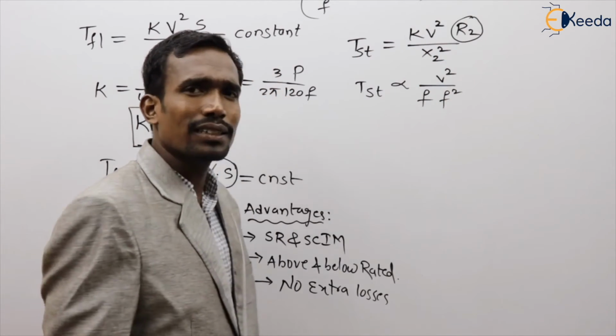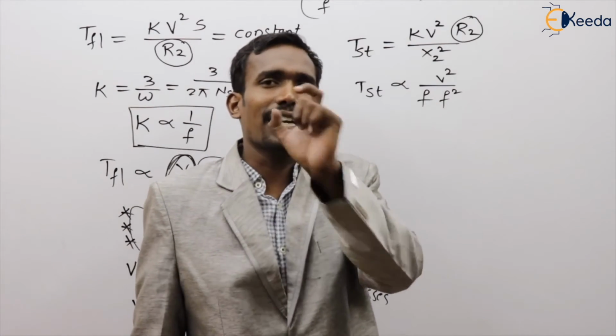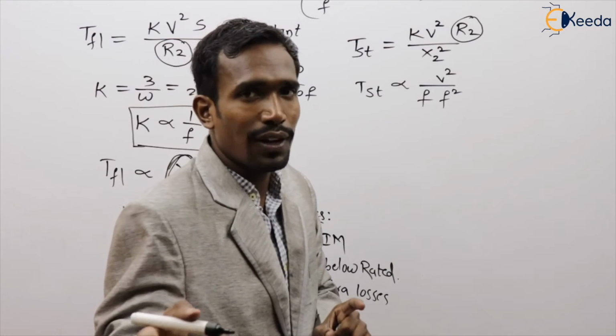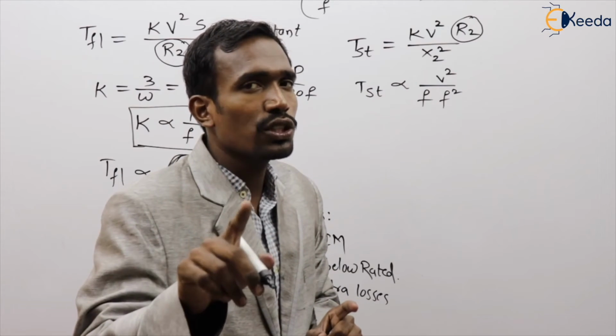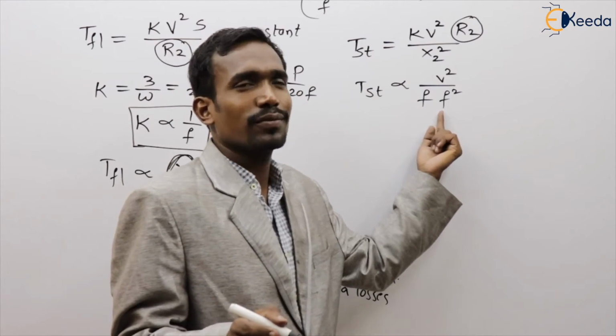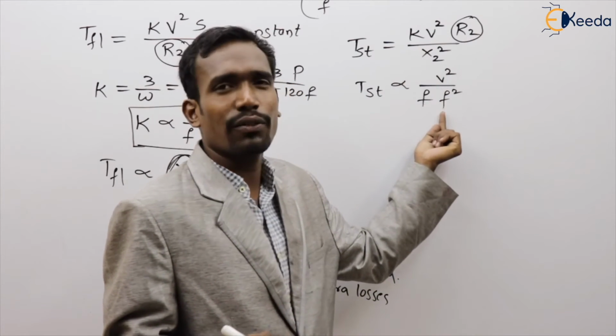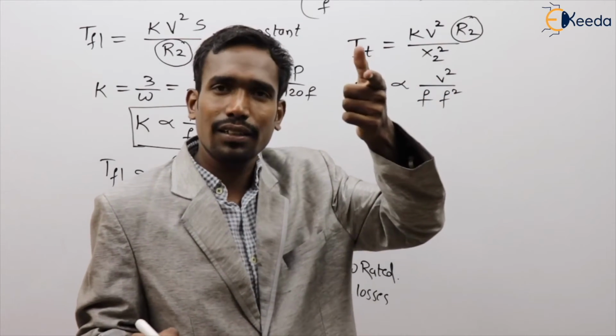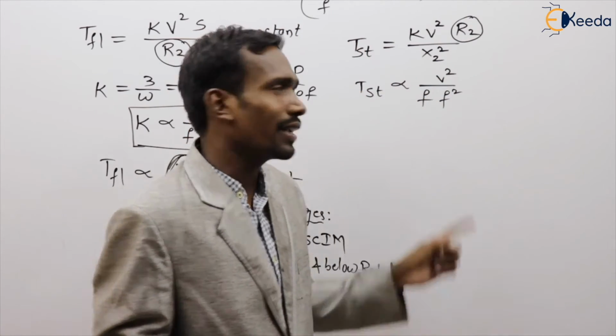Why is it F square, sir? Generally X is the reactance. What is the formula? X is equal to 2 pi F L. The reactance contains one frequency, and reactance is squared, that's why frequency is squared.